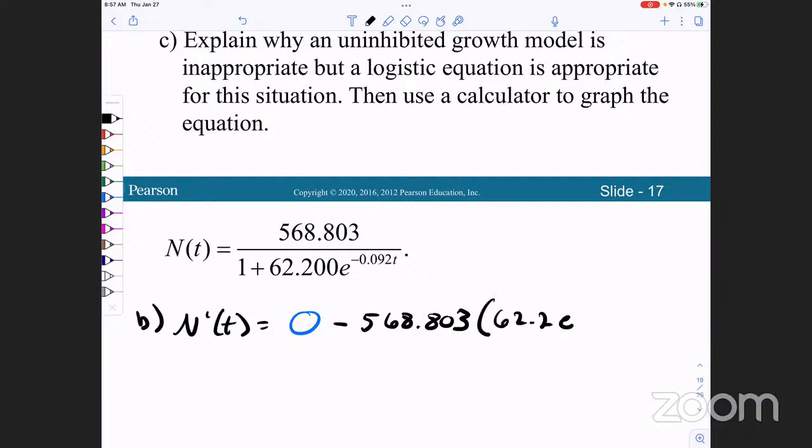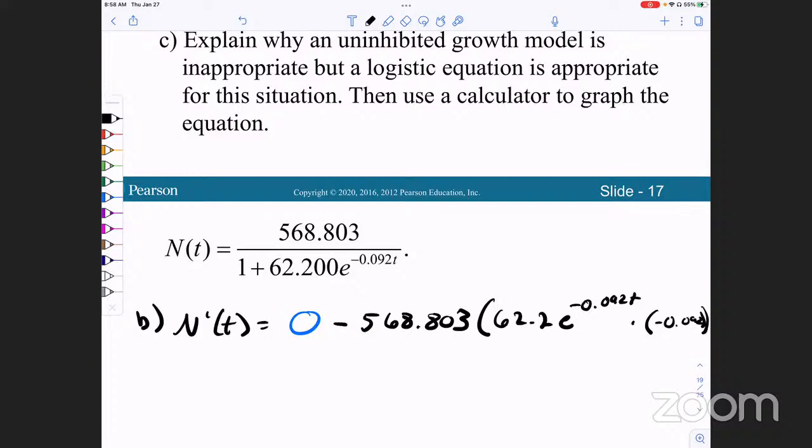So the derivative of e to the negative 0.092t is itself times the derivative of the exponent, negative 0.092.